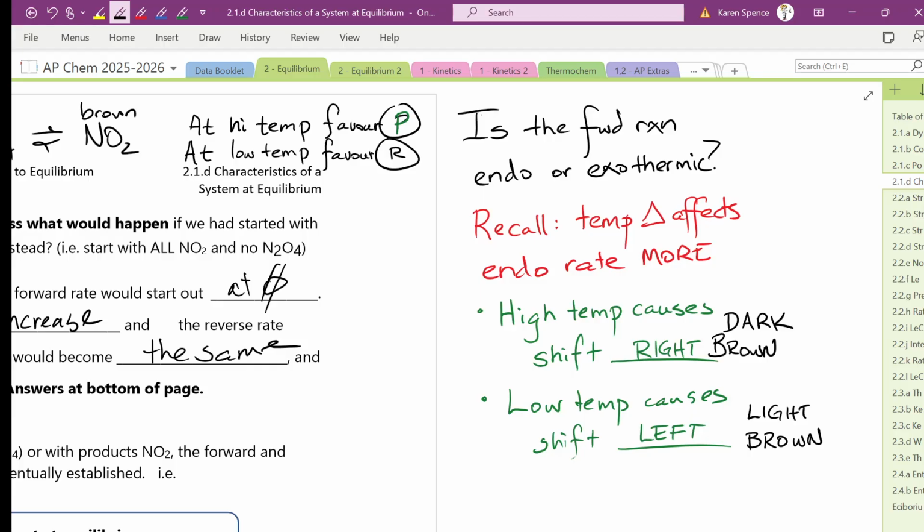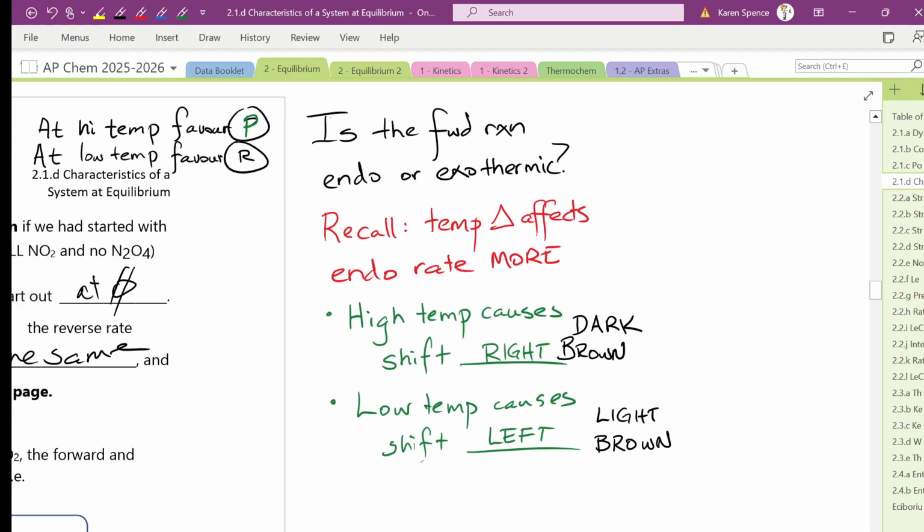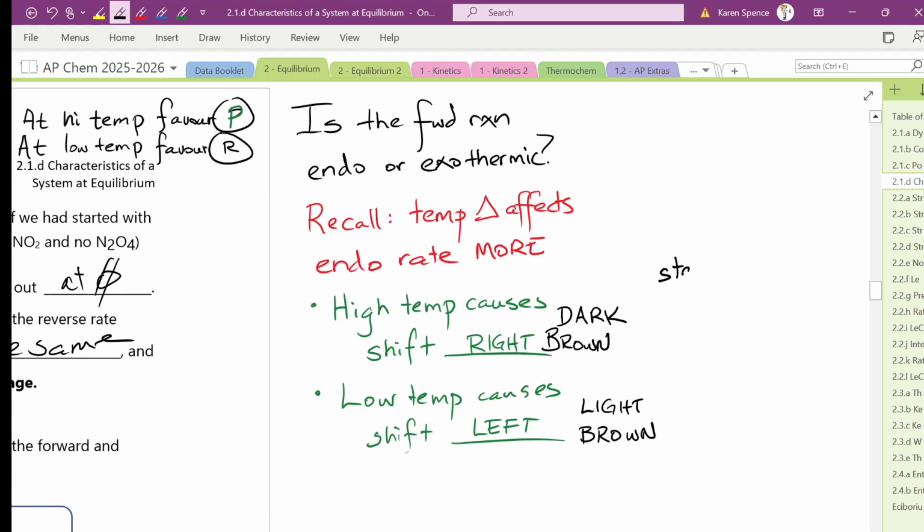Okay, so I think you're right, because if we increase the temperature, we increase the rate of the forward or the endothermic more. And if we're shifting to the right, that means that we have increased. So we start at having the two rates equal.